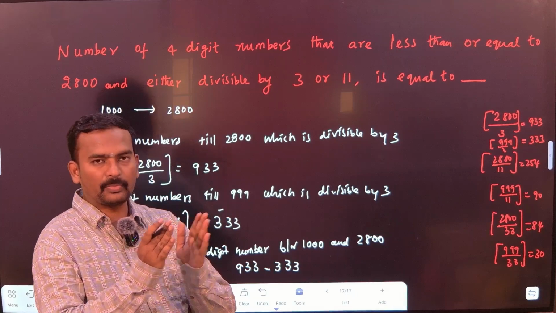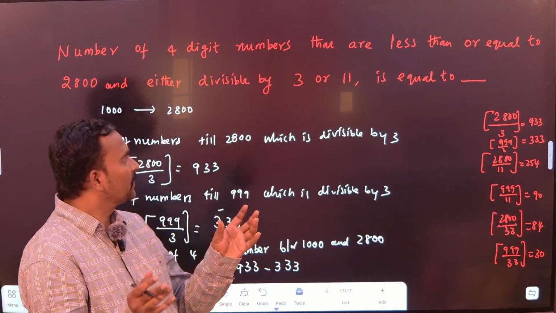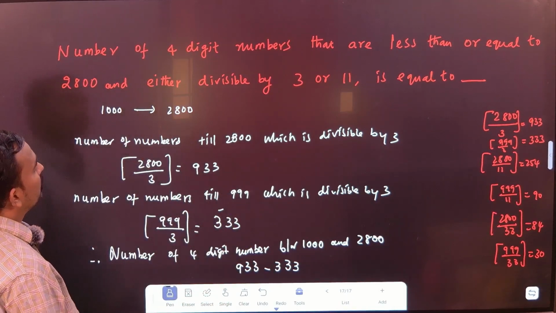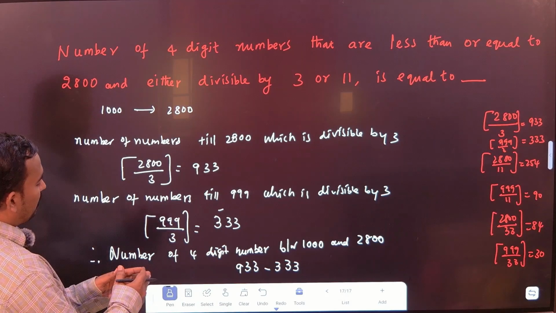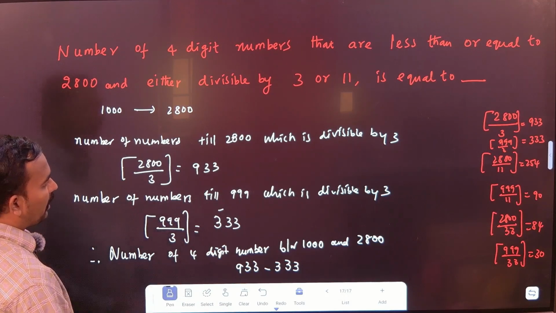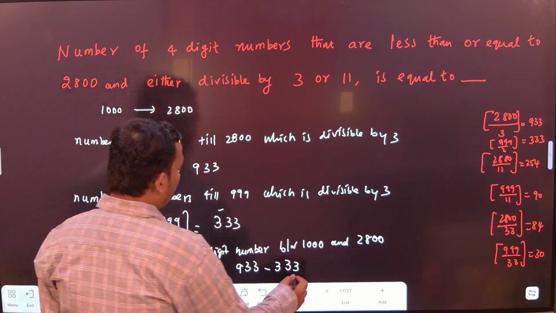It starts from the thousands, we need that only. So you have to subtract 933 minus 333. How much will it be?